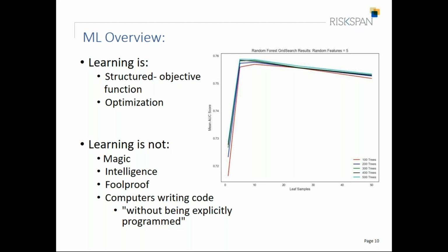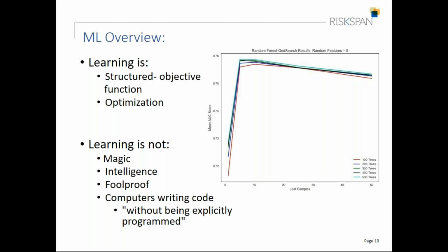And finally, I want to point to something that I've seen out there a lot, which actually comes from the first definition of machine learning, which is the ability to learn without being explicitly programmed. The distinction I want to make here is that machine learning isn't writing code in the sense that it's opening a file and writing code to figure out what's going on. What it's doing is tweaking parameters in a model to optimize the objective.